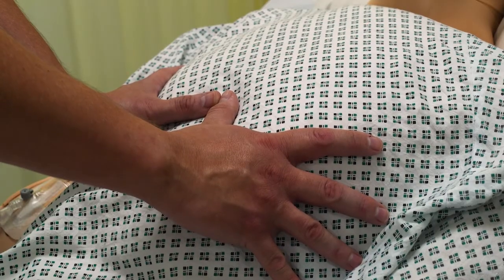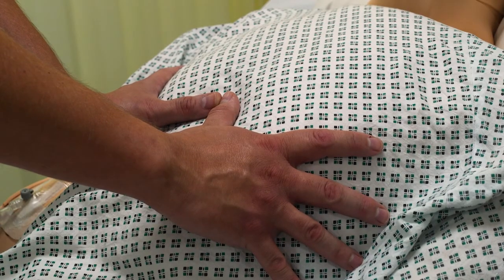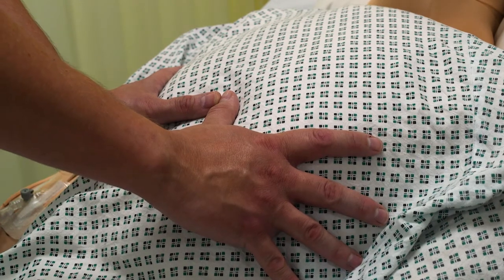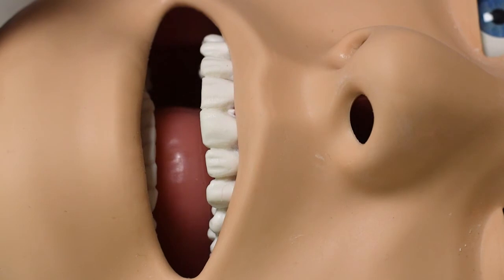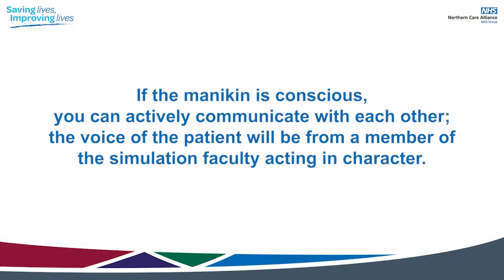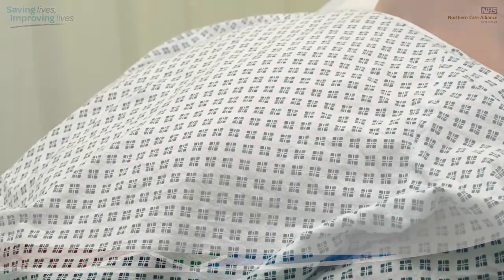When considering airway management, the mannequin has the ability to have variable lung compliance, tongue edema, and can't intubate, can't ventilate. If the mannequin is conscious, you can actively communicate with each other. The voice of the patient will be a member of the simulation faculty acting in character. The mannequin's chest will rise and fall both bilaterally and unilaterally.